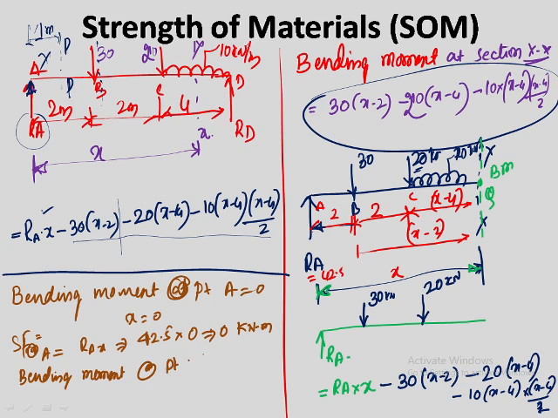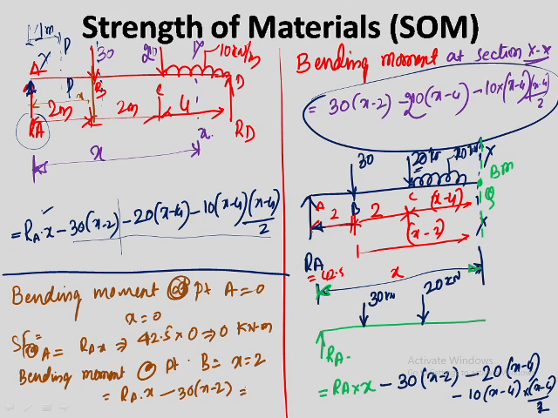Next, bending moment at point B. That is x equal to 2 meter. So what is the equation? RA into x minus 30 into x minus 2.